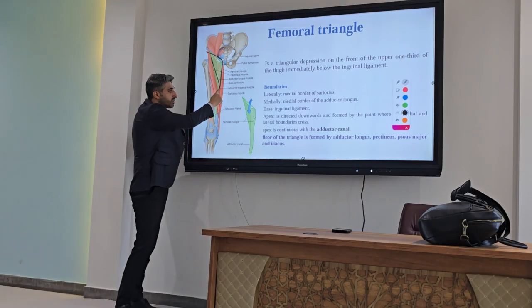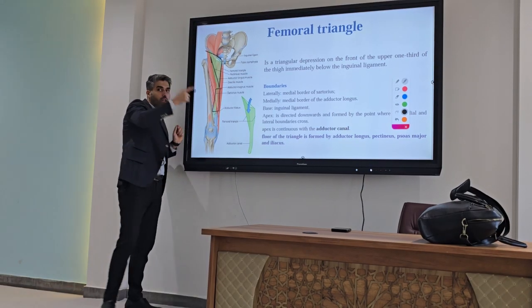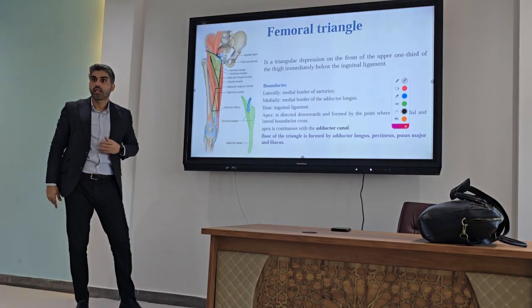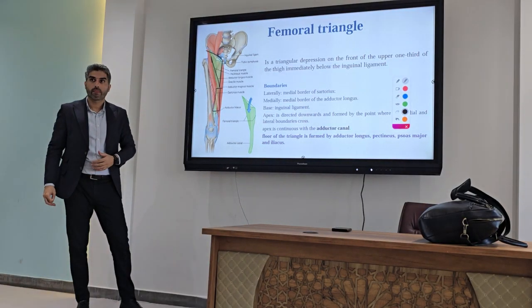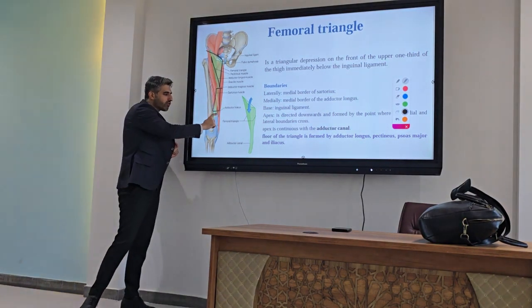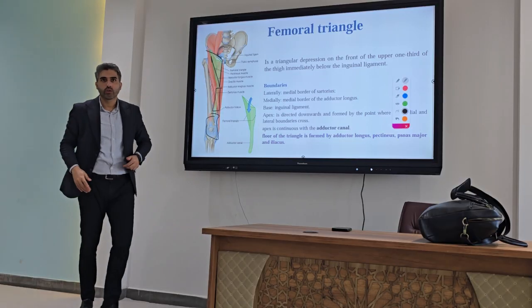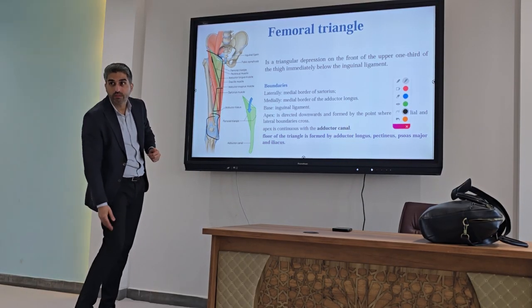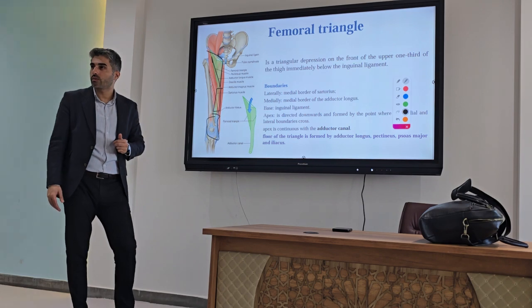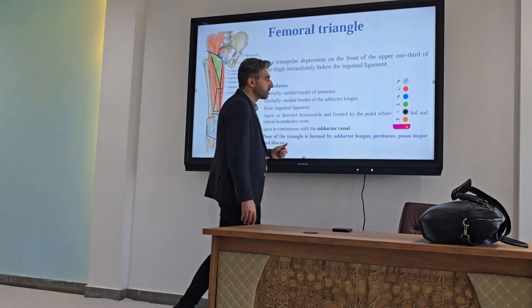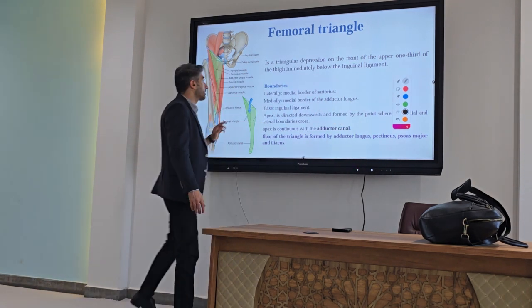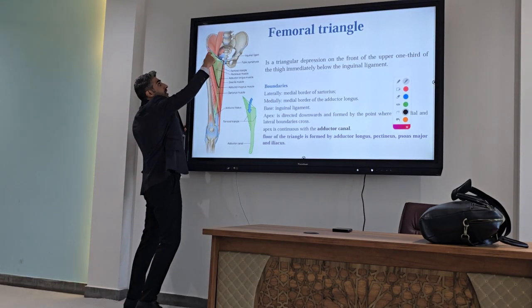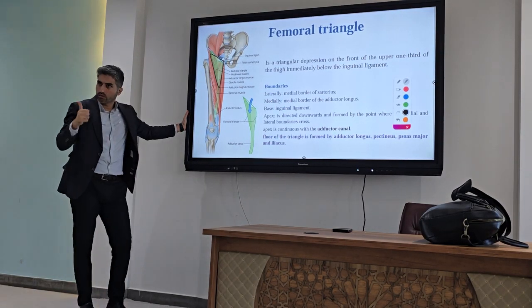In the middle 1/3 of the thigh, you have a canal. And in the lower 1/3 of the thigh, you have a fossa on the posterior side. Okay? So, what are the names? Upper 1/3, the name of the triangle is the femoral triangle.